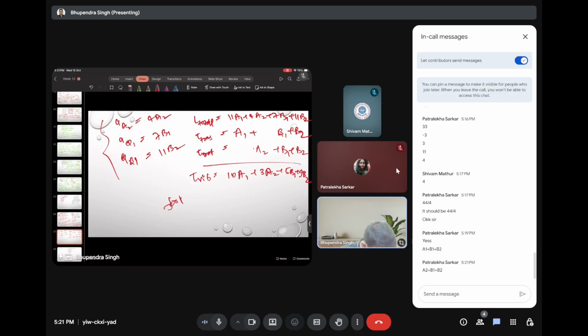So for pyridine, 10 into 1, 3 into 1, 5 into 1, 9 into 1, it will be 27 normal vibrational modes.